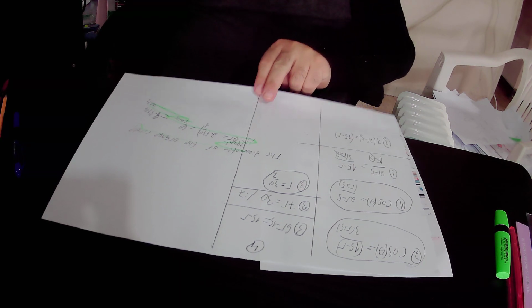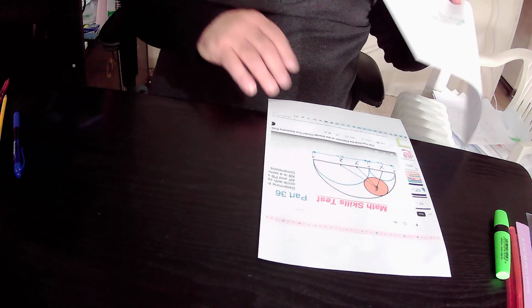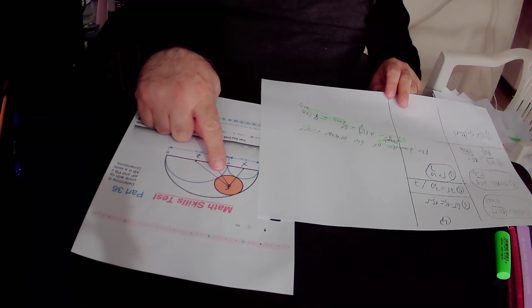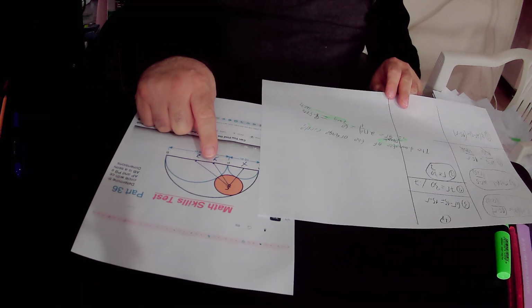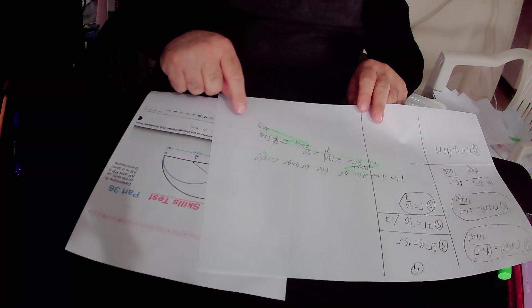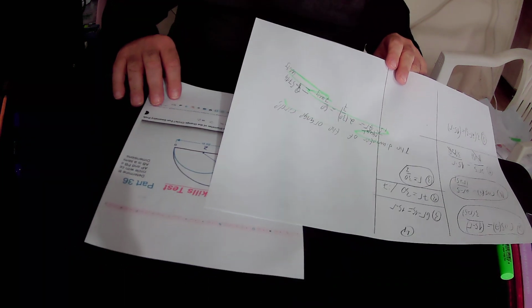So in conclusion, the diameter of this orange circle equals 60 over 7 units, or in terms of numbers, 8.5714 units. Okay, we finished the first question.